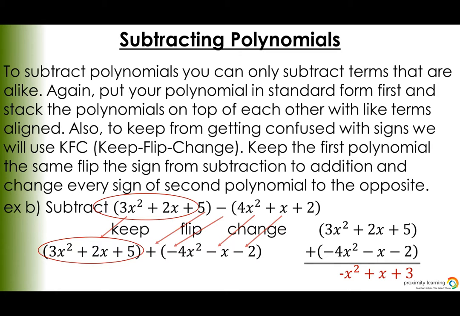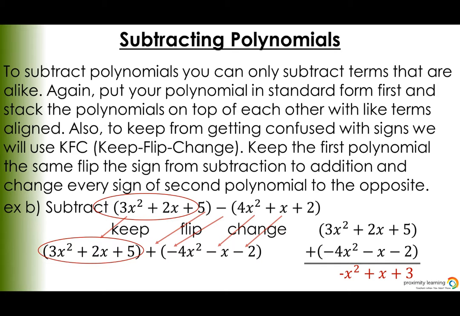Also, to keep from getting confused with signs, because subtraction can be weird sometimes and addition is so much better, if you don't believe me, everyone's entitled to their own opinion. I personally like addition better, so we're going to try to do as much addition as we possibly can.